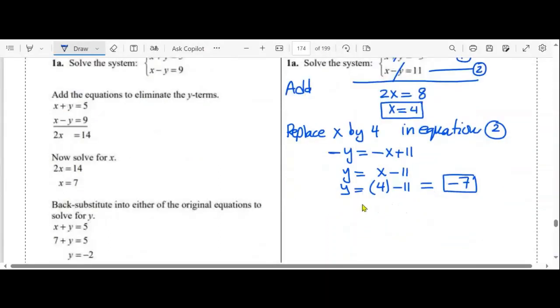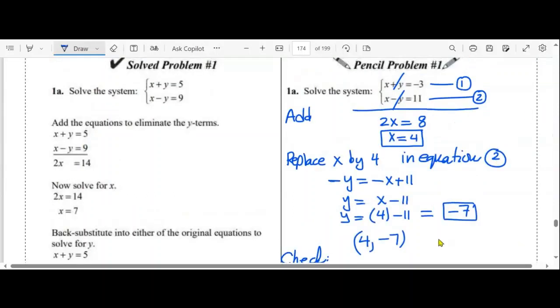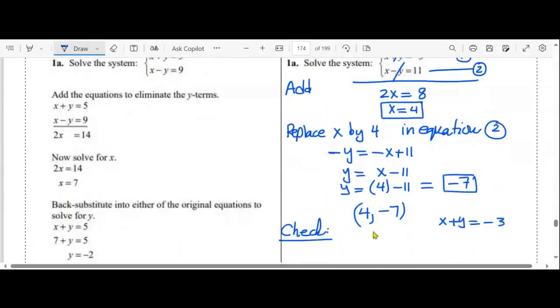So you got x and y. So that means what is your answer? Is this clear? Now you can check your answer by replacing x by 4 in both equations. So you're going to get x plus y equals negative 3, and the other one is x minus y equals 11. You replace here 4 minus 7.